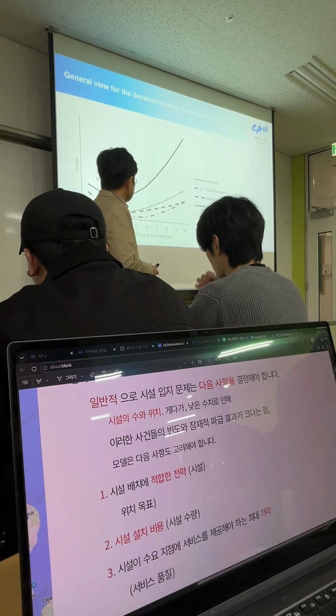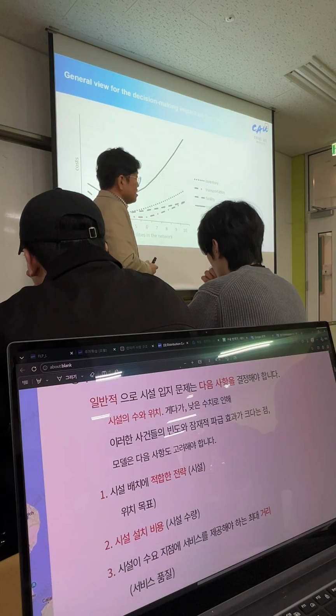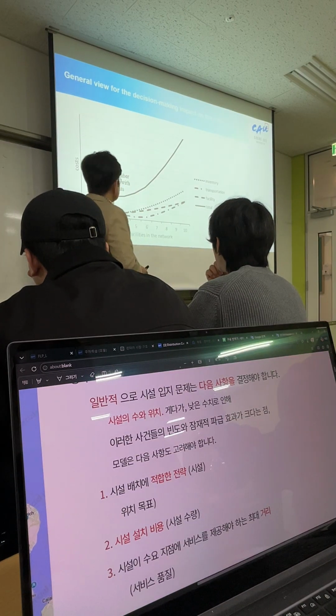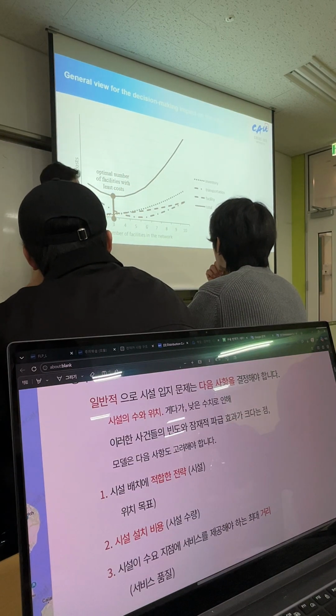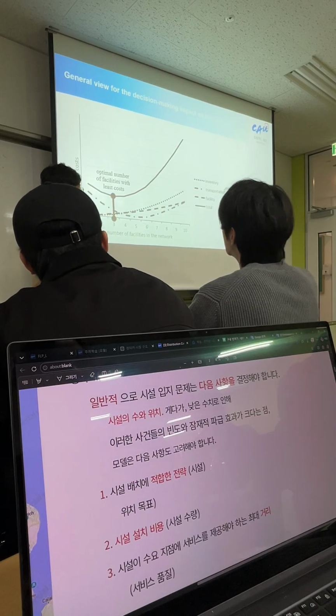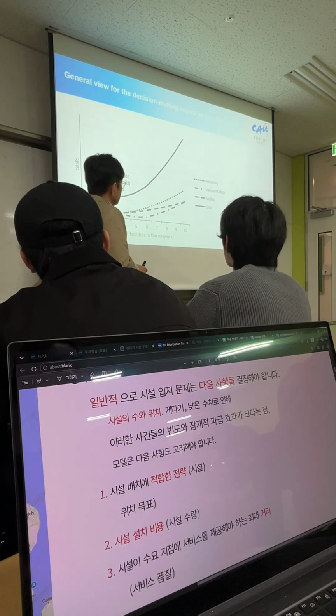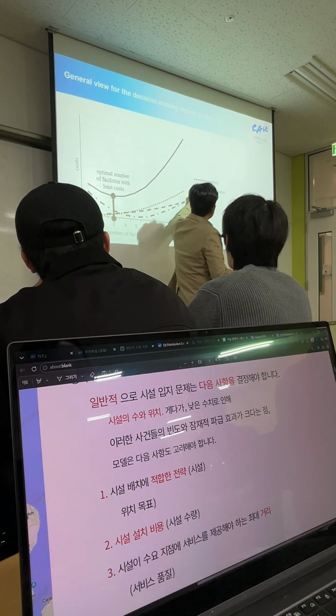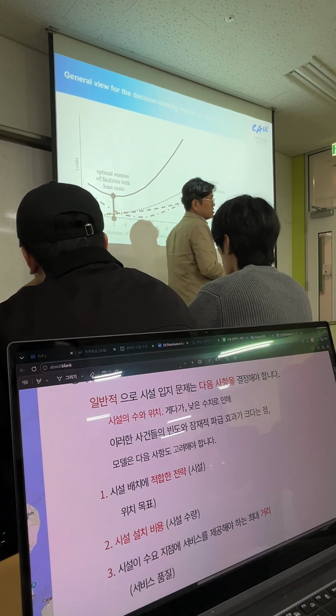So, largely speaking, there is a relationship between the number of facilities in the network and the cost. And the cost is comprised of the facility setup cost, transportation cost and inventory cost.